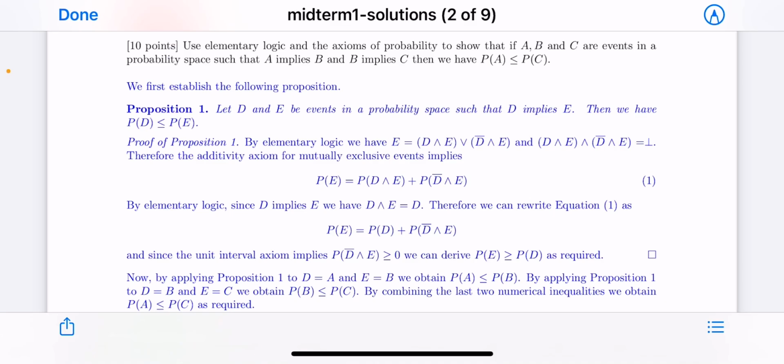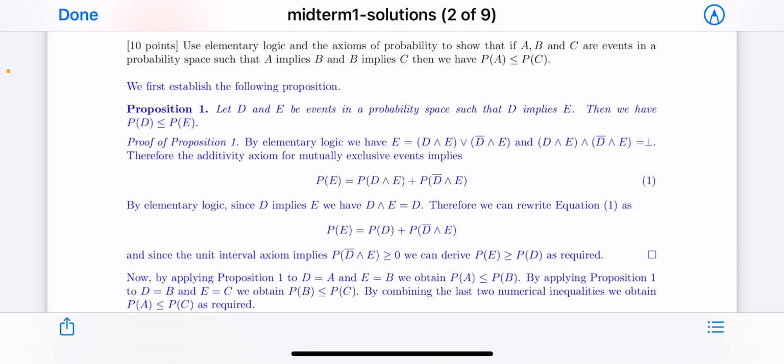So I'm going to say, okay, I'm going to apply this proposition where I take D equal to A and E equal to B. And then the proposition tells me that probability of A is less than or equal to probability of B. And then I'm going to say by applying the same proposition with D equal B and E equal C, it tells me that probability of B is less than or equal to probability of C.